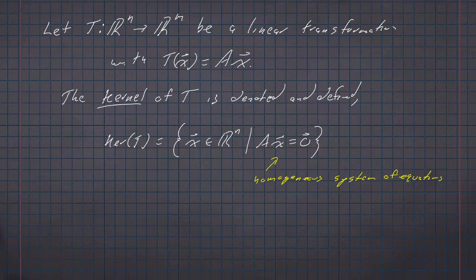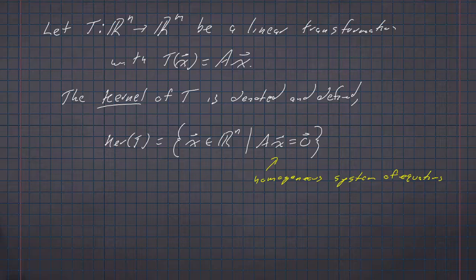And working backwards, given any linear transformation, we can always establish a kernel. Every linear transformation has a kernel because at the very least, the zero vector always satisfies the homogeneous system. So there's definitely always something there.